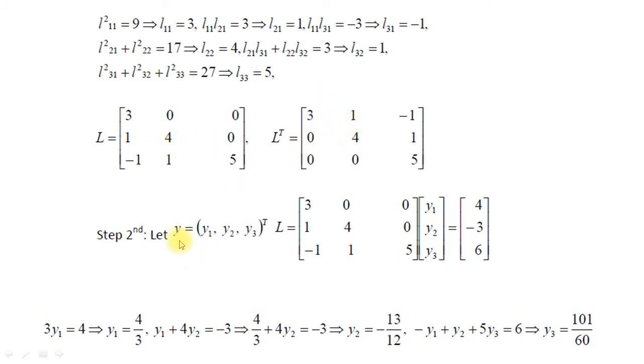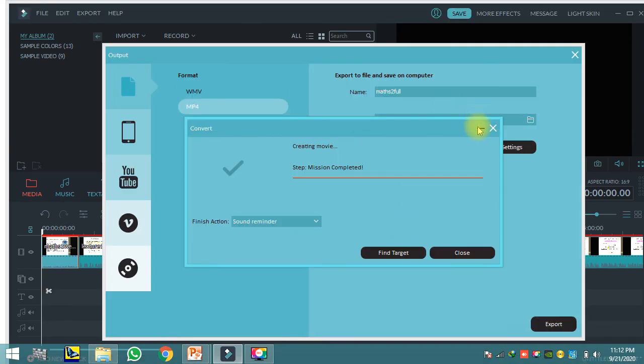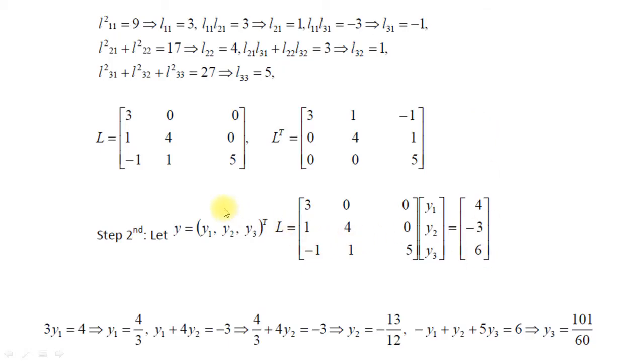Now in step number 2, find the column matrix Y by using the expression LY is equal to B. This is the lower triangular matrix, this is the column matrix Y, and this is the matrix B. Now using forward substitution, you can find the value of y1. 3y1 is equal to 4, so y1 is equal to 4 by 3, and in the second equation y1 plus 4y2 is equal to minus 3.